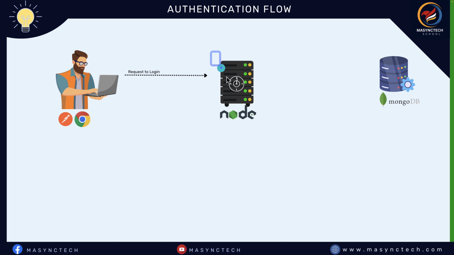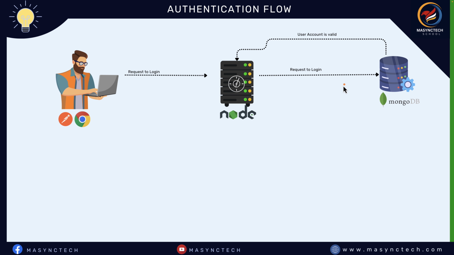So over here, the system will now take the user details and send them to our data storage, in this case MongoDB. And in case the user info is inside the database, then the database will send a response back to the server and say that the user account is valid or found.